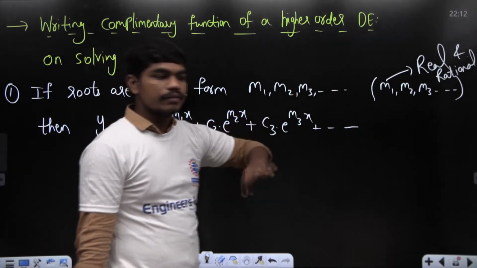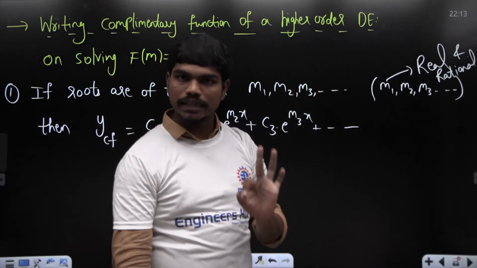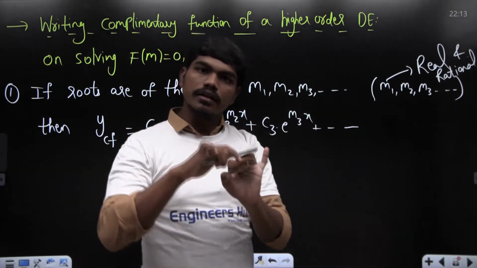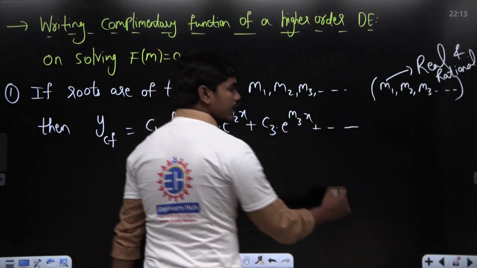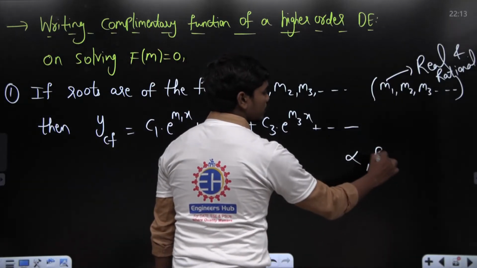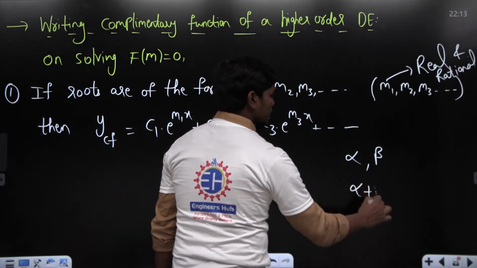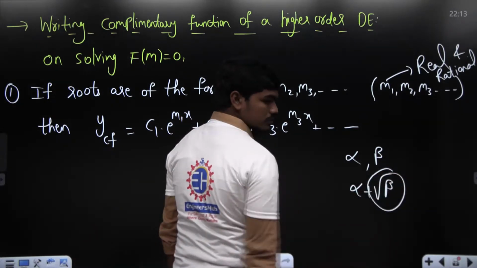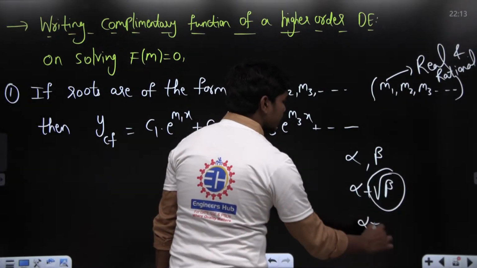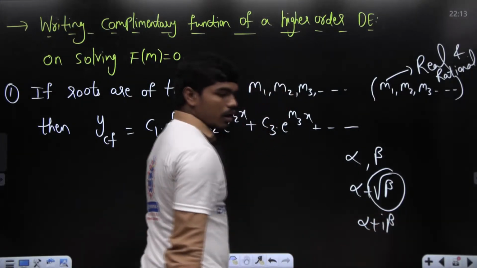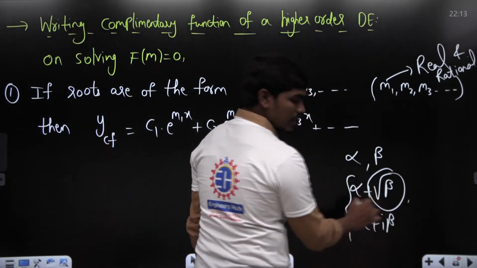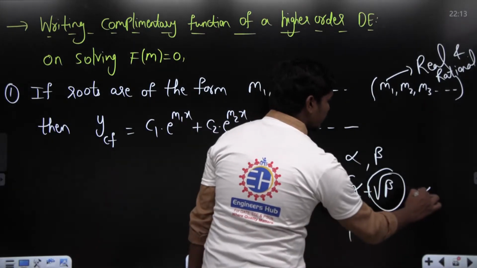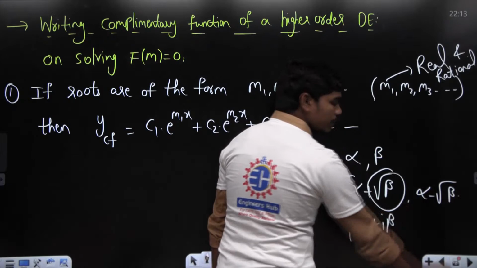Definitely for any equation there are 3 kinds of roots available: real and rational, real and irrational, and finally complex roots. Correct? If you solve any equation, you will get values like this, or involving some irrational numbers, and finally you can get complex numbers. Yes or no? Also, these 2 kinds of solutions will have their conjugate pairs. If alpha plus root beta is one solution, then definitely alpha minus root beta will be another solution.